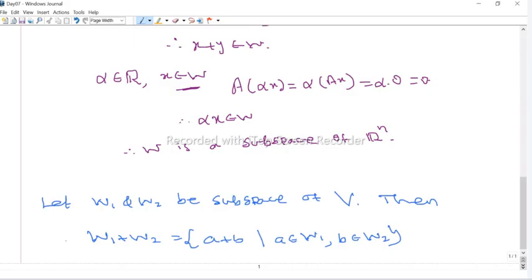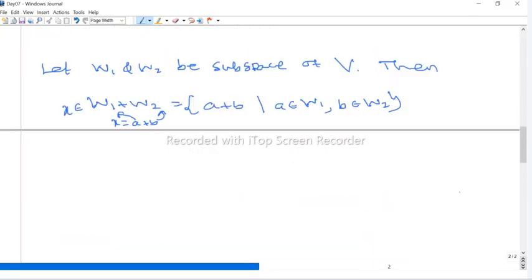That is, any element x in W1 plus W2 is of the form a plus b, where a comes from W1 and b comes from W2. So this is the sum of two sets.